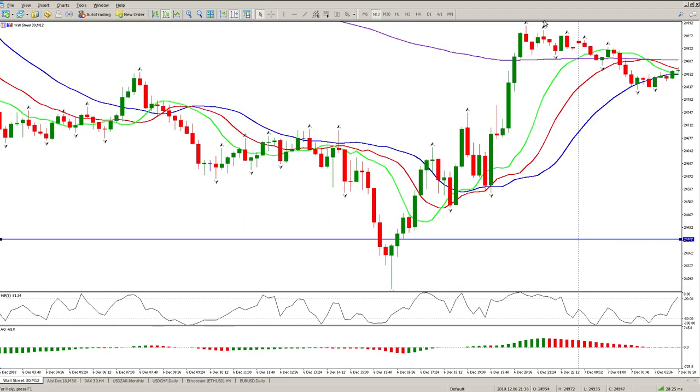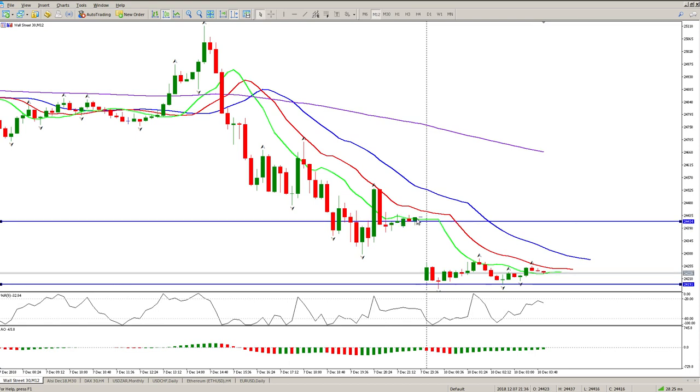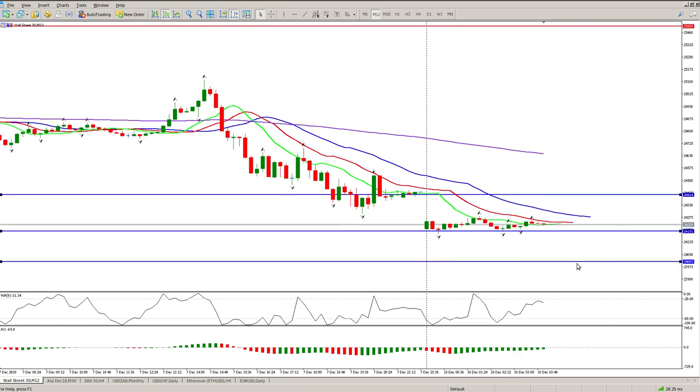That's what I would expect us to do. So come back, close the opening gap, and then we get back in short. And we're looking for this level here to be tagged, 2400. Okay, that's my view. And then I'd seriously look at a long at 2400 with a fairly tight stop loss.